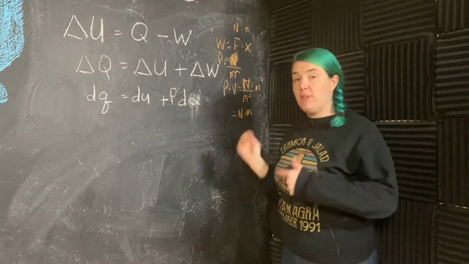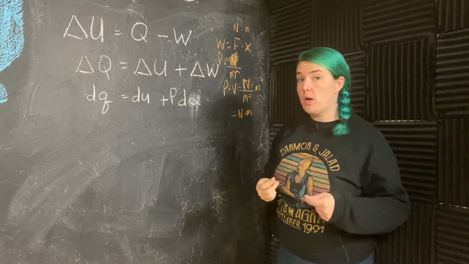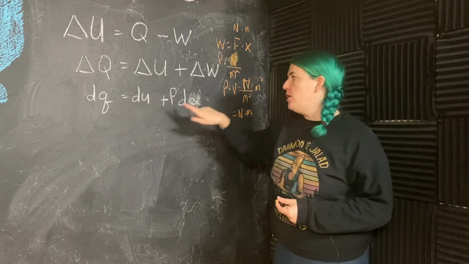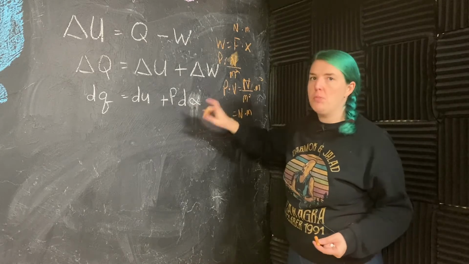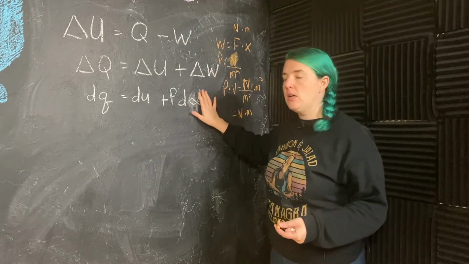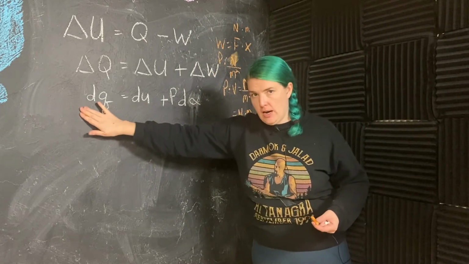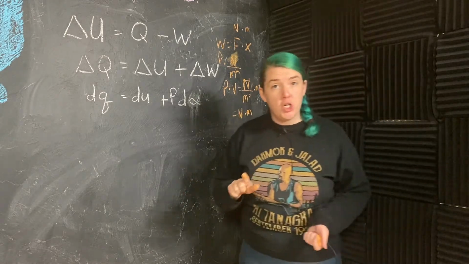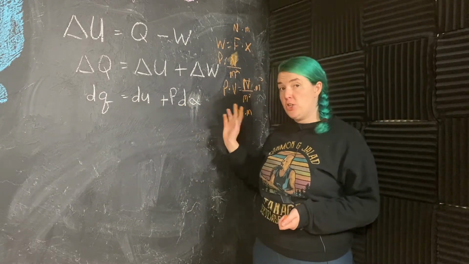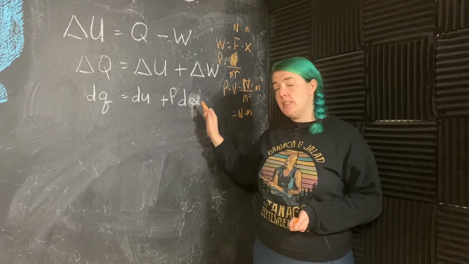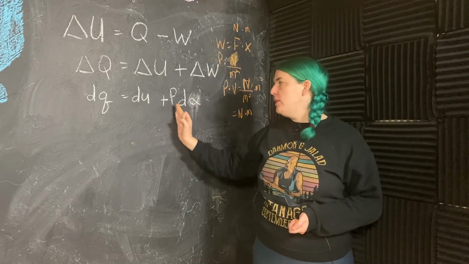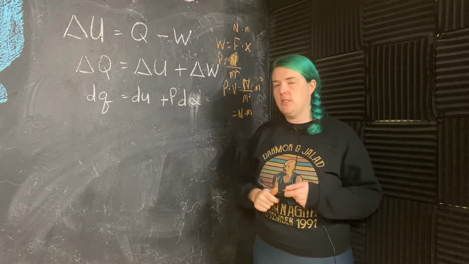So pressure times volume is going to have units of work, but then when I divide it through by mass, I end up with specific volume to make my units here match these guys. I am making an assumption in this form of the equation, and that is I am allowing volume of a system to change, but I'm holding its pressure constant.